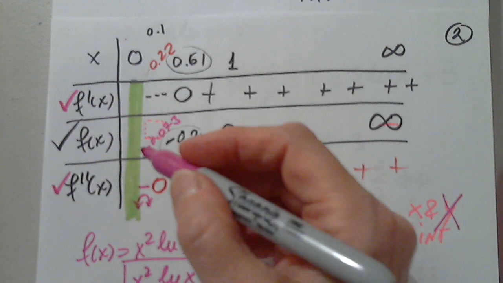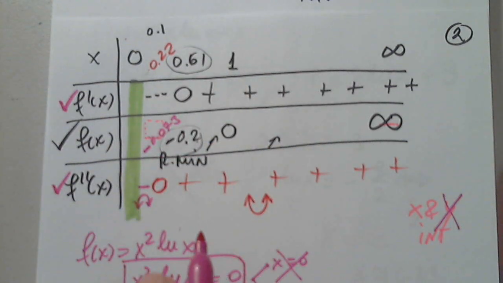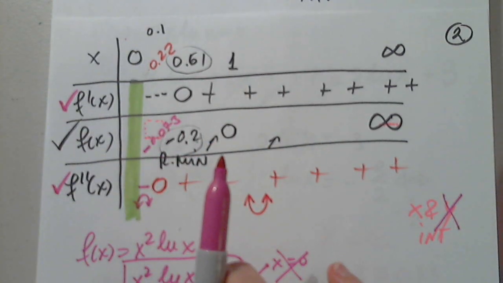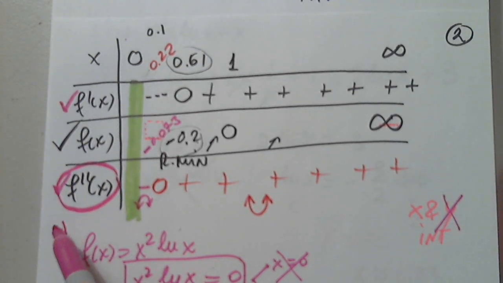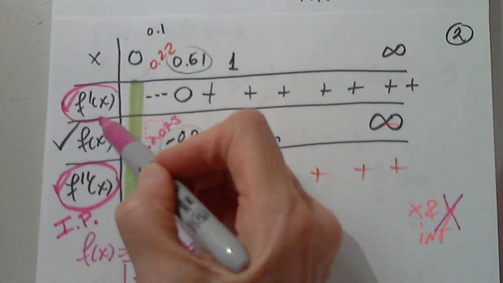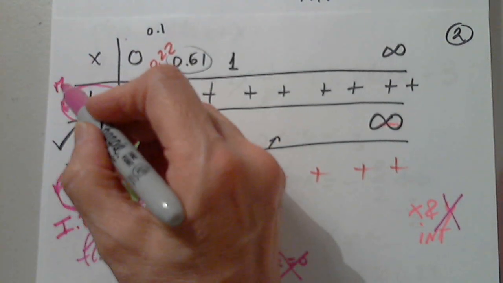Isn't that a relative max? Careful. No, min. Careful. When we talk about the second derivative, we can only talk about inflection points. When we talk about the first derivative, we can only talk about max min.